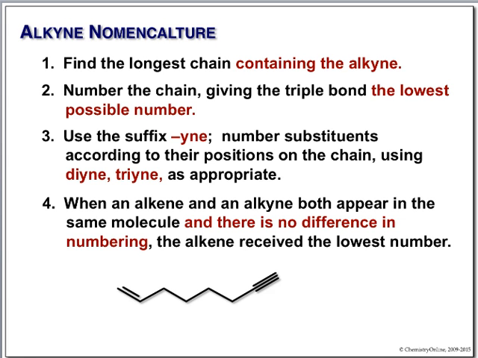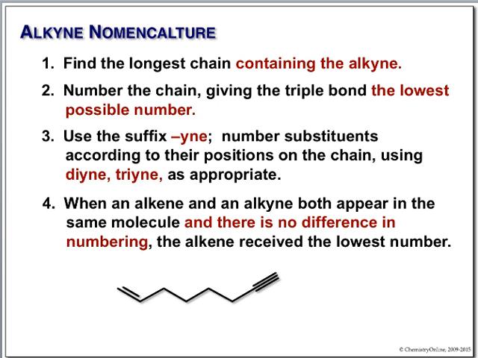If there is no difference in the numbering between the double bond and the triple bond, then the double bond will have the lowest number. So the alkene has precedence over the alkyne.